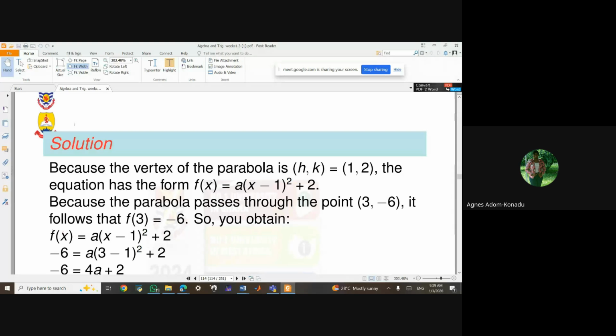The values of the vertex are p and q, but here we are using h. It's the same thing, so please don't get confused. It's (1, 2). So in the standard form, I'm going to write f of x equals a into brackets x minus my p value, which is 1, all squared, plus my q value, which is 2. So the standard form is this.